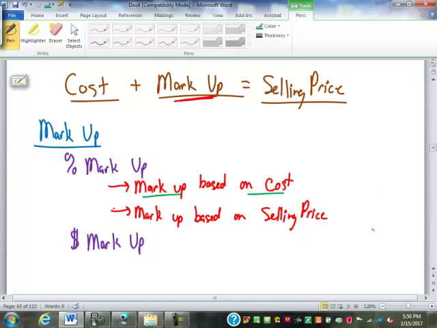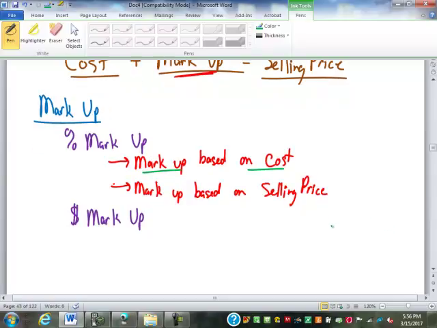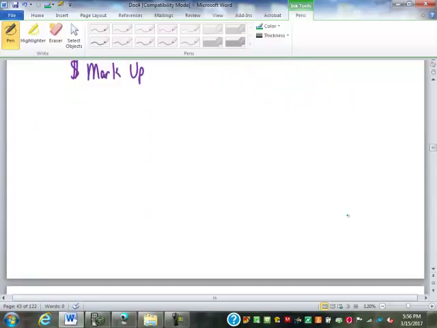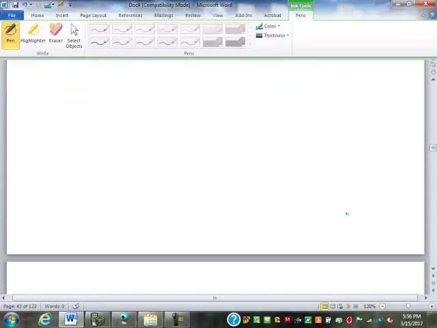If anybody without retail experience were asked how you would figure out a markup, that's the way we would do it. But there are definitely reasons why you would do markup based on selling price as well, and we'll discuss those as we go through. So anyway, before I get in too much detail on that, let's step back about 5 weeks now, and remember when we were talking about percents.